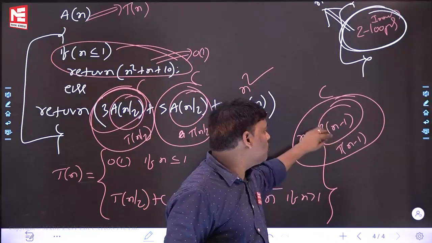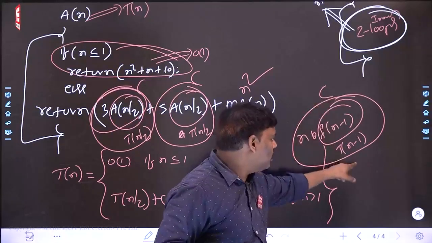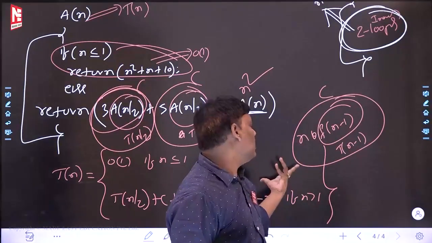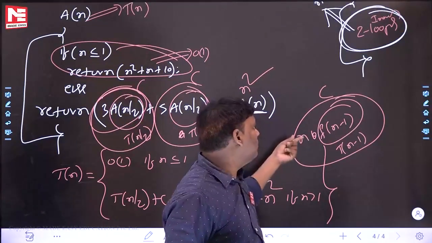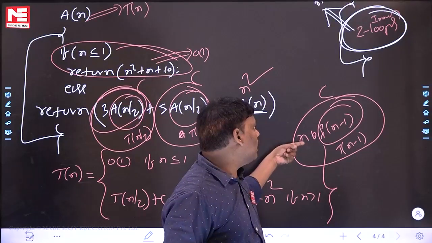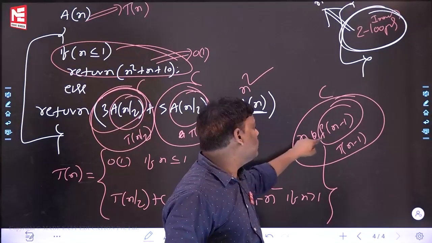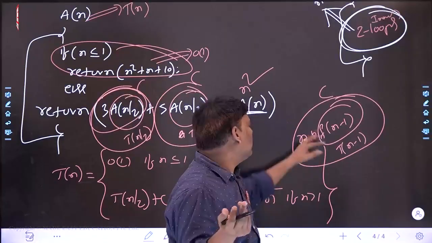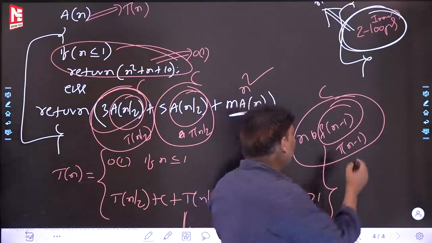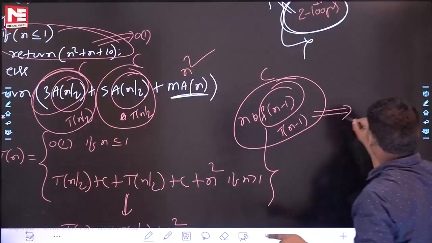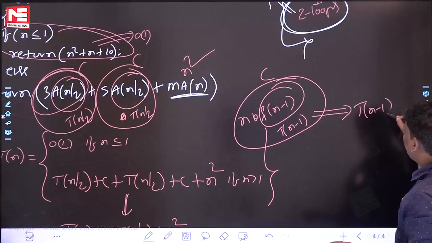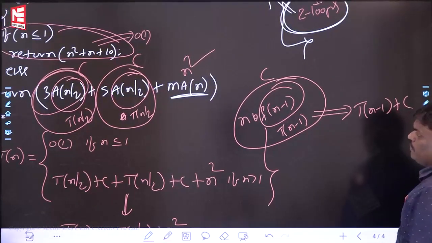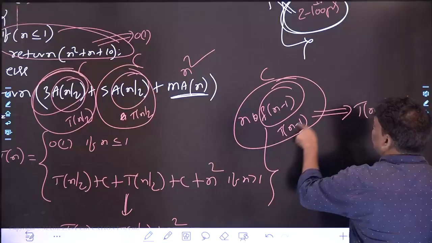In this problem, f of n minus 1 is T(n-1). Afterwards no loop is there; a loop means a for loop is required. So no loop is there, and I cannot write n times. The remaining thing is constant. So the answer, which is there in your notes also, is T(n-1) plus c. I cannot write n times T(n-1).